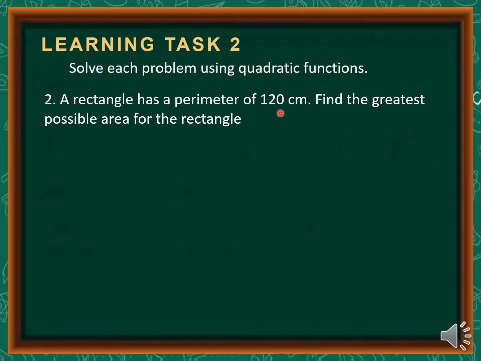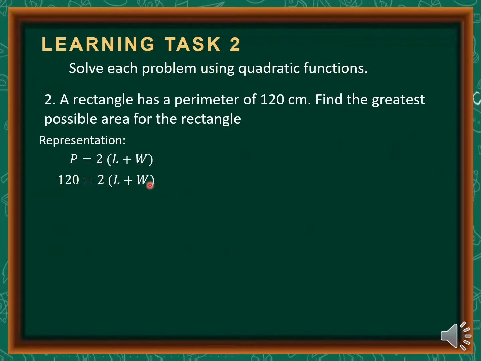So, how are we going to represent it? First, since this involves a geometric problem, a rectangle, alright, so that is perimeter. Pag sabing perimeter, di ba, we have the formula, P is equal to 2 times length plus width. So, substitute lang natin, ang perimeter natin ay 120. 120 is equal to 2 times length plus width.